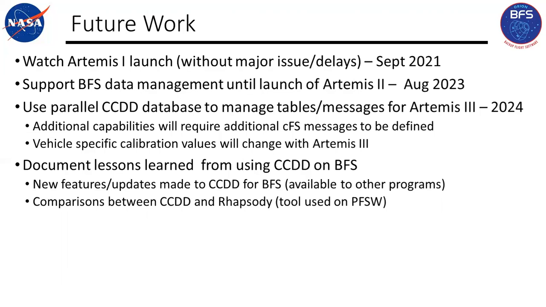So we'll have to define new messages and put those into the database. And also there's some vehicle specific calibration values that are going to change between Artemis 2 and Artemis 3. And so we're going to have a separate database to hold the Artemis 3 information. And then along the way, we'll be documenting our lessons learned and how this process has gone, so that future programs can learn and see how things went.